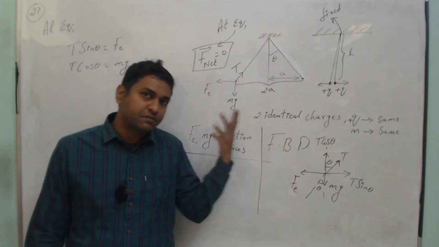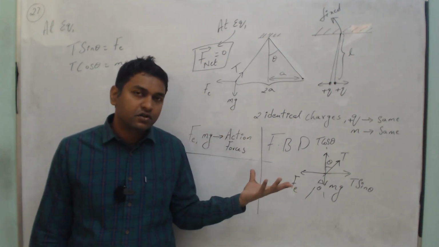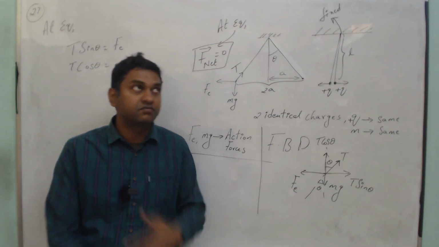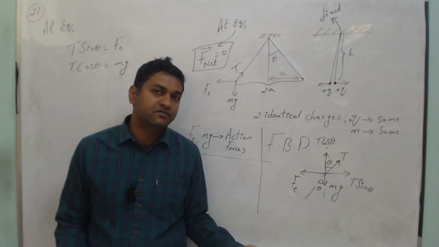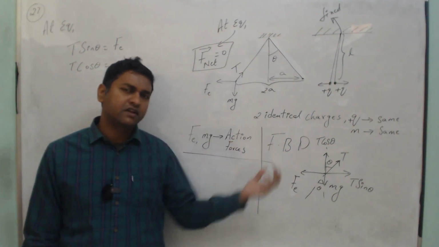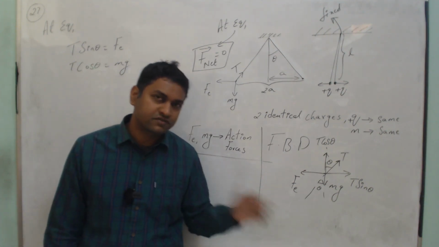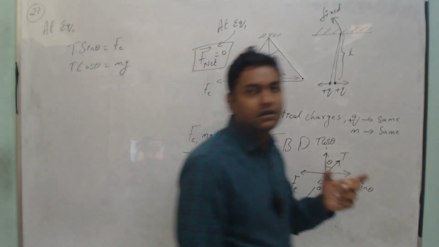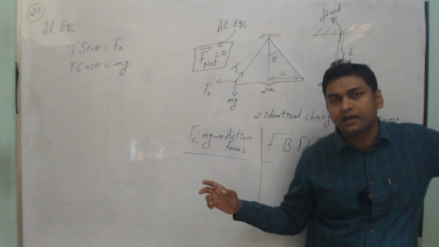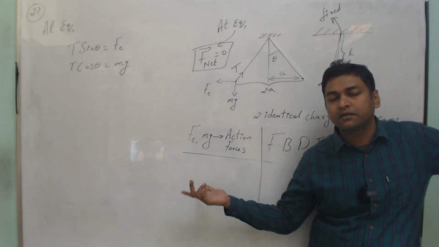These forces are present because of nature by itself, literally nature by itself. We have gravitational force mg and we have electrostatic force between two positive charges, Fe. These are available automatically, right? Independently.